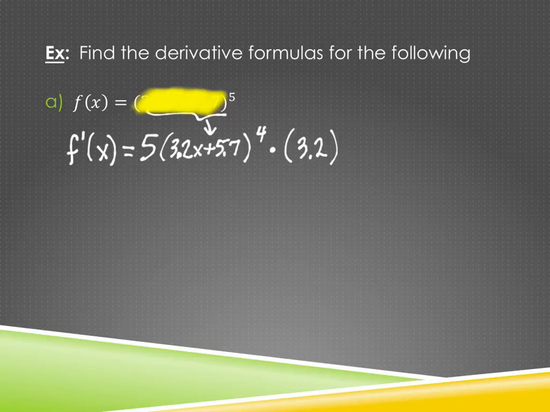The part underneath the yellow stayed exactly the same on the inside. Then we need the derivative of the part in the yellow, which was 3.2, and we multiplied that on the outside. So that's the basic idea of looking at composite functions.